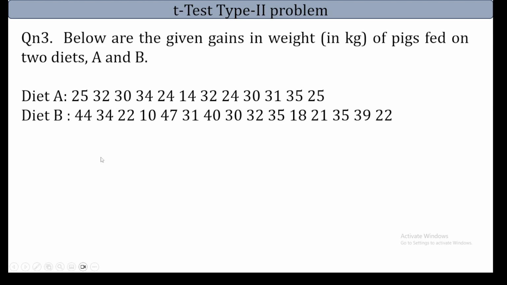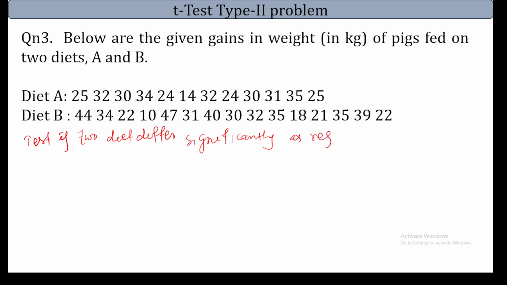The question is saying, I forgot to add the last line. Test if two diets differ significantly as regards their effect on increase in weight.